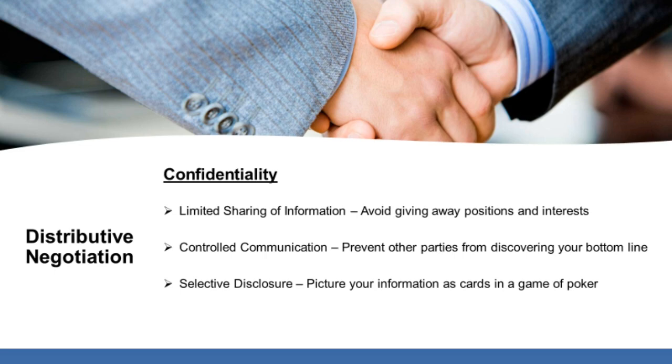Now, distributive negotiations may involve controlled communication to prevent the other party from gaining insight into their priorities or their bottom line. I say may, it's not always essential, but often this does play a part in it. There will be an element of control.